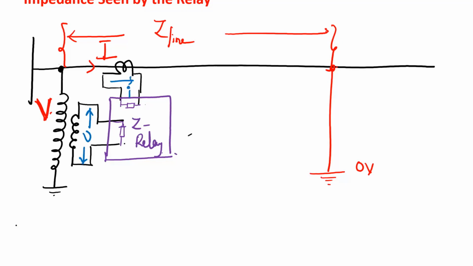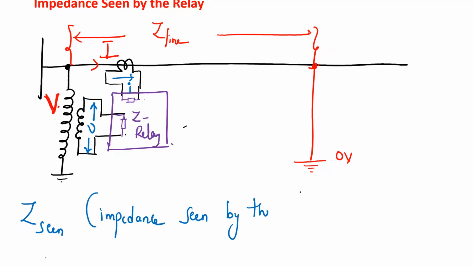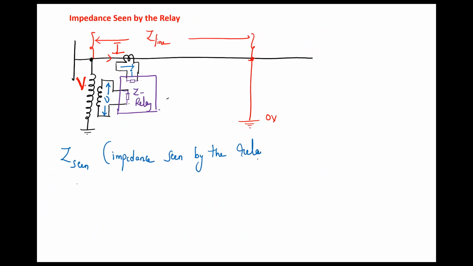So how much impedance will the relay see? Z seen by the relay is the ratio of PT secondary voltage divided by CT secondary current, v by i. So this much impedance it will see.